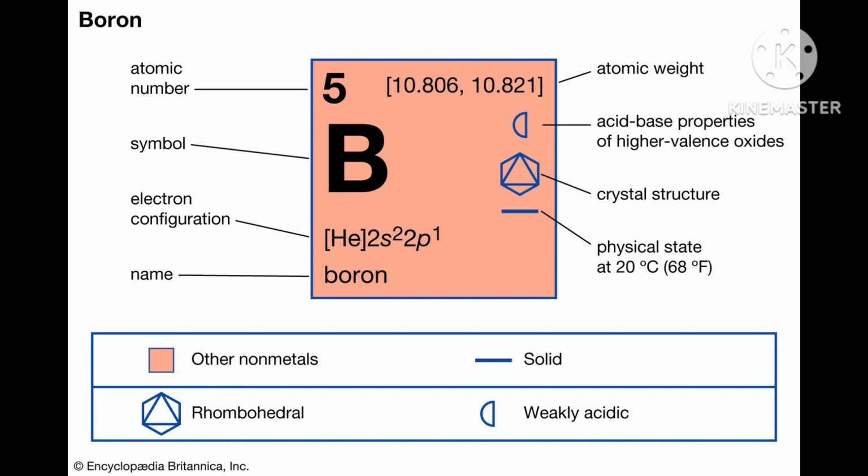Due to non-availability of d orbitals, boron is unable to expand its octet. Therefore, the maximum covalence of boron cannot exceed 4.